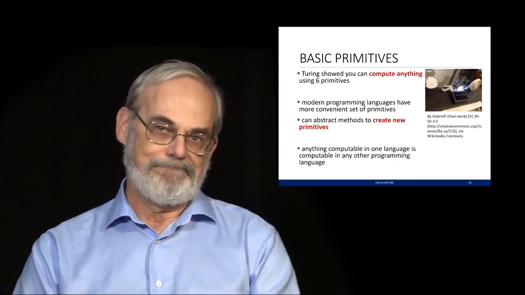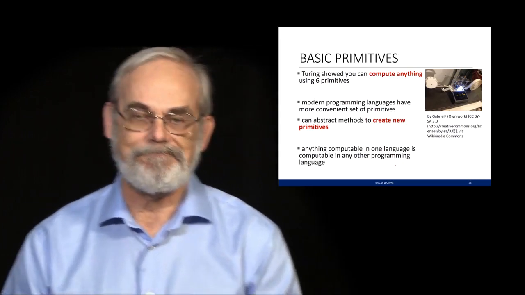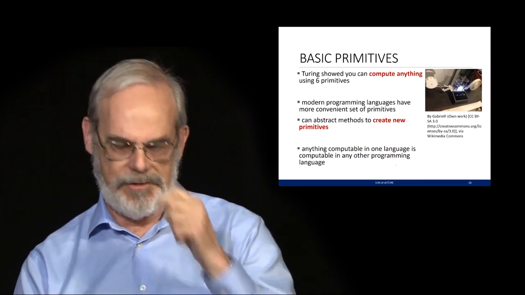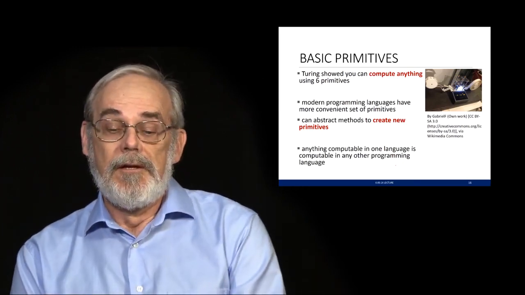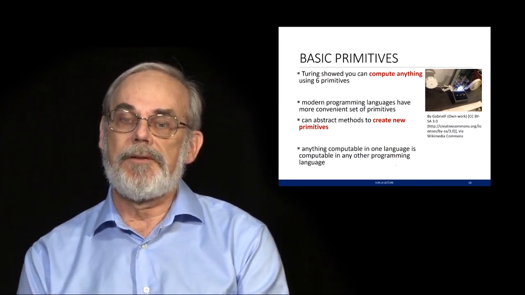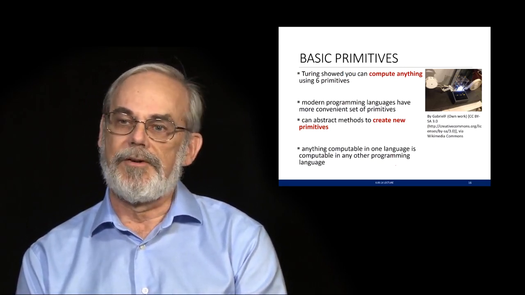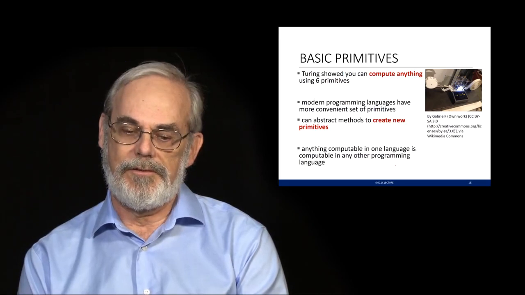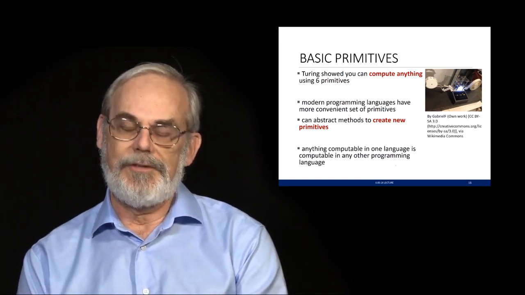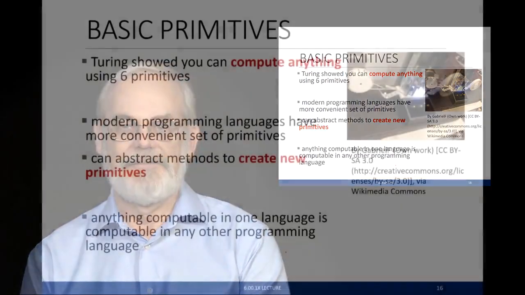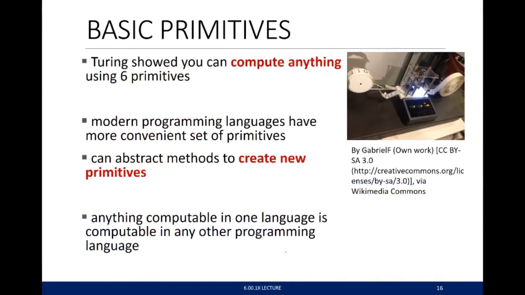That sounds great. So what are the basic primitives? Most machines will come, as I said, with simple arithmetic and logic operations. But in fact, you can go even simpler than that. If you go back to that gentleman I mentioned earlier, Alan Turing, one of the greatest computer scientists in the history of the world, Turing showed that you can compute anything with just 6 primitives. In fact, there's something called a Turing machine, an example of which is shown in that little image on the slide.